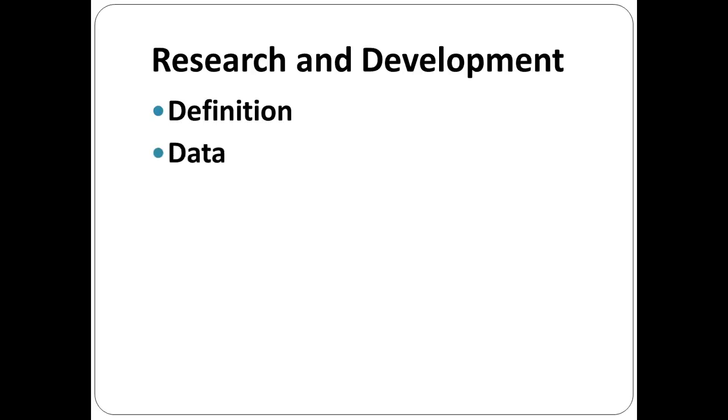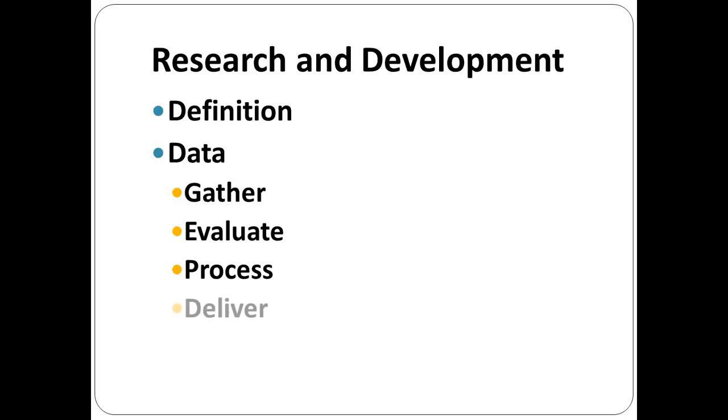He's going to ask you for data about yourself, your property, your personnel, your vision, your ministry design, and a group of other things, projections of growth, that you're going to have to gather the information, evaluate that information as to its value, process it, put it into a system or a format that the architect can use, and you're going to have to deliver it into their hands.